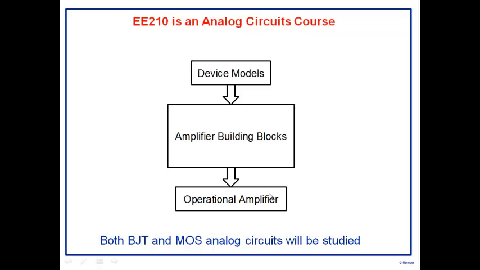The course deals with, as all of you know, two major classes of semiconductor devices. One is the bipolar and the other one is MOS. Most of the circuits, both analog as well as digital, are implemented in MOS. If you go back in history, all of you know that modern electronics started with the invention of the transistor. It was a bipolar transistor. So the early integrated circuits were all bipolar.